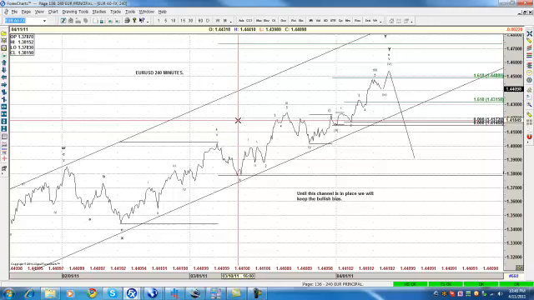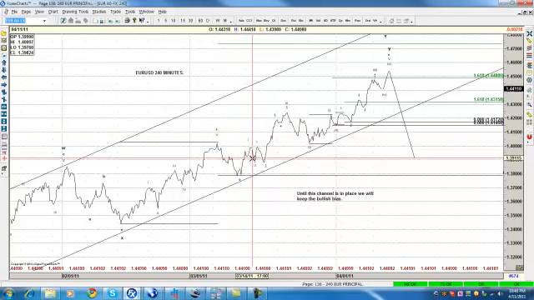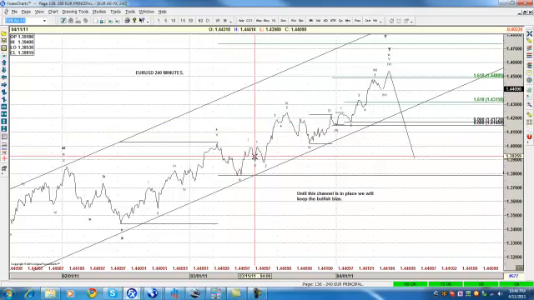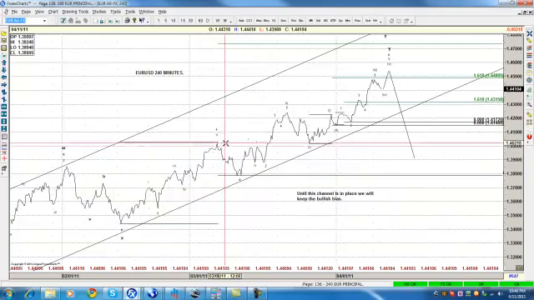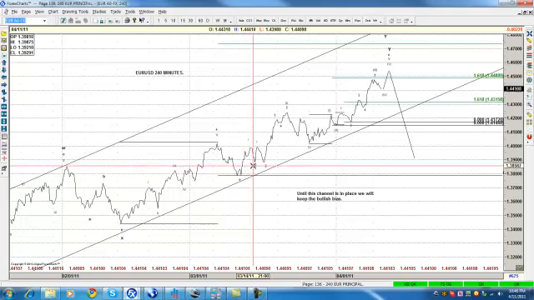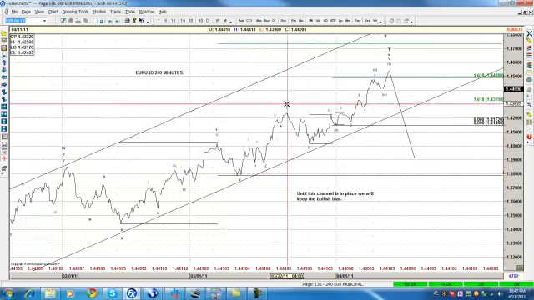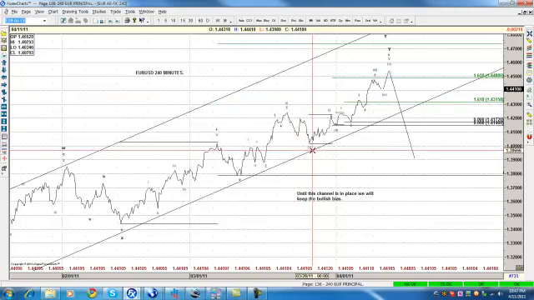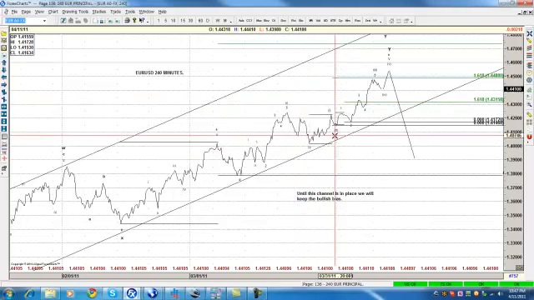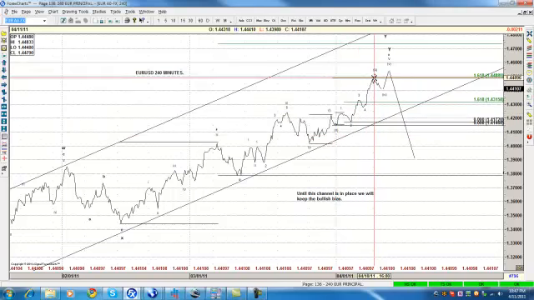Sometimes the closing line is going to help you a lot when it comes to trading. Look, there's no way to figure it out with the candles, but right here looks pretty good. It goes 1, 2, 3, 4, 5, A, B, and then 1, 2, 1, 2, 3, 4, 3, 4, 5, 3, 4, and then in wave 5 we got 1, 2, and then we got the wave 3, 1, 2, 3, 4, 5.